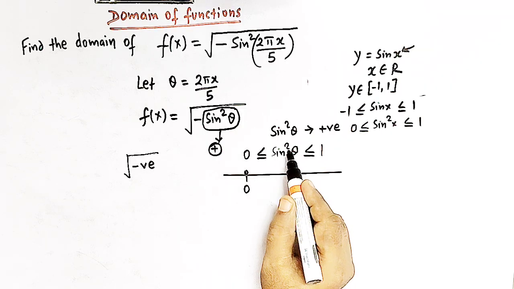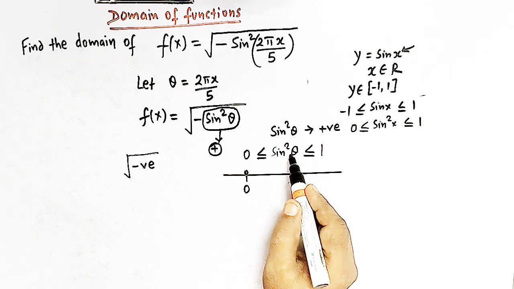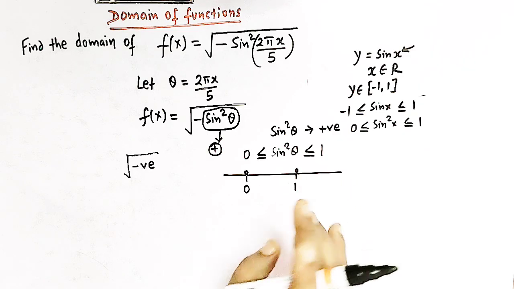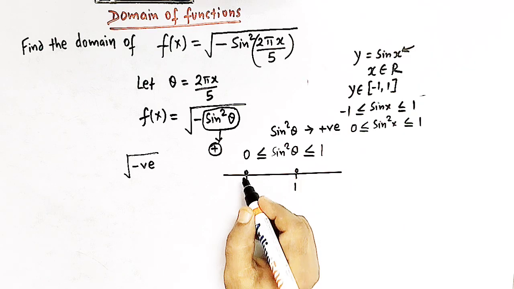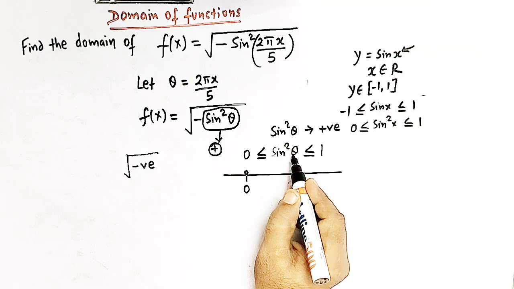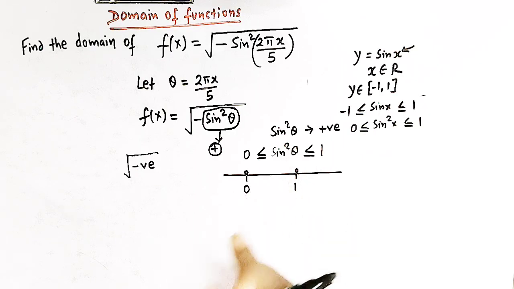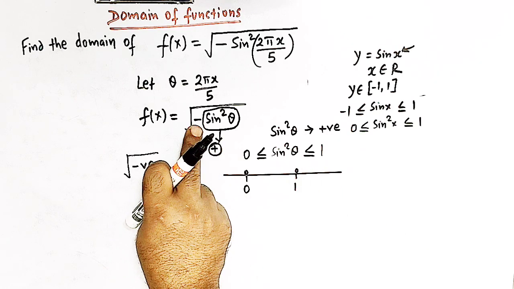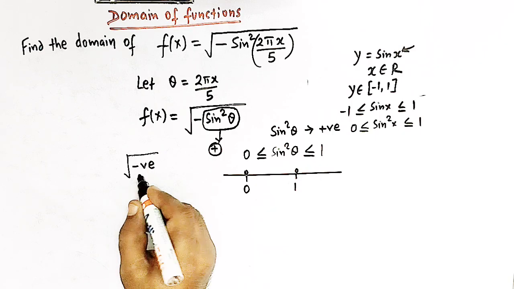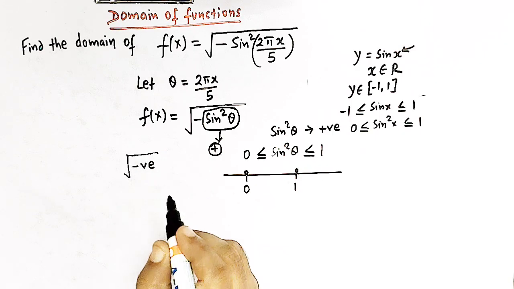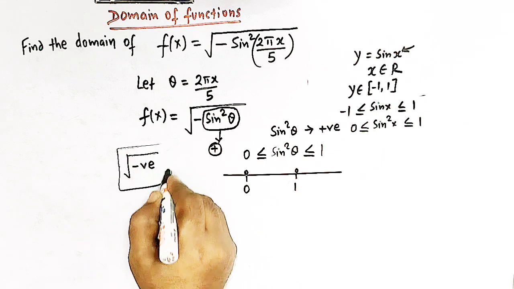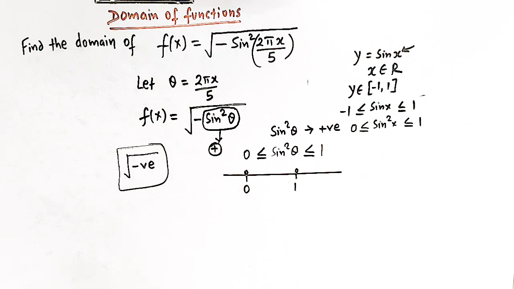And if we take any value of sine square theta lying between 0 and 1 except 0, this is an important thing here, then that number is going to be positive, and when that number is multiplied with this negative sign, then we have a negative quantity inside the square root sign, and in that case this quantity would become a complex number, right?